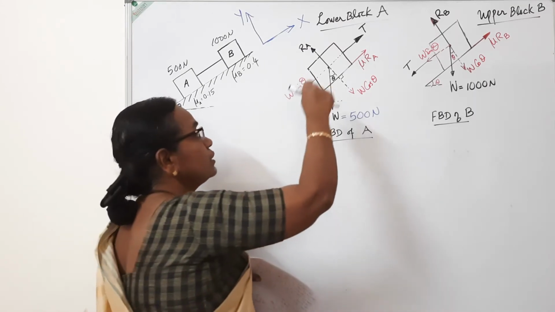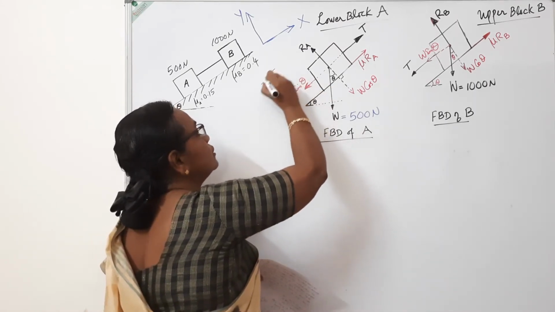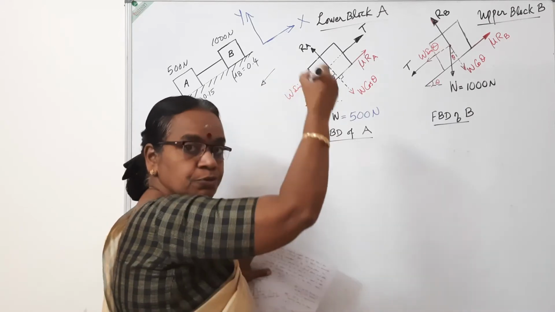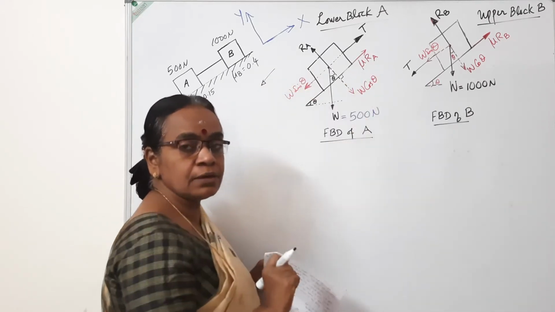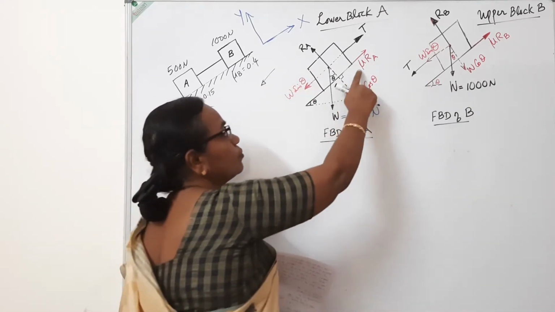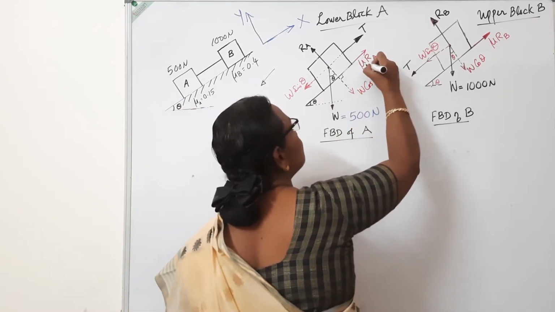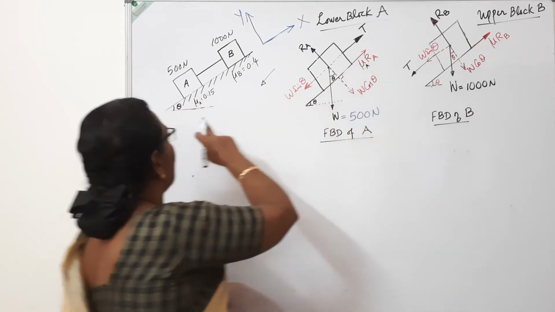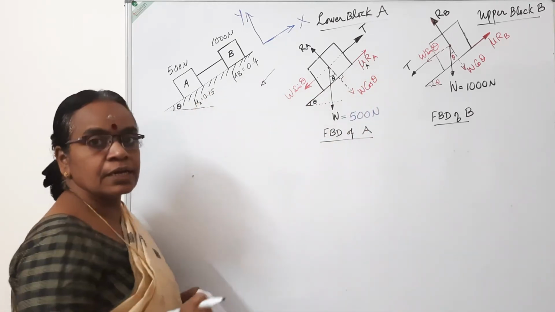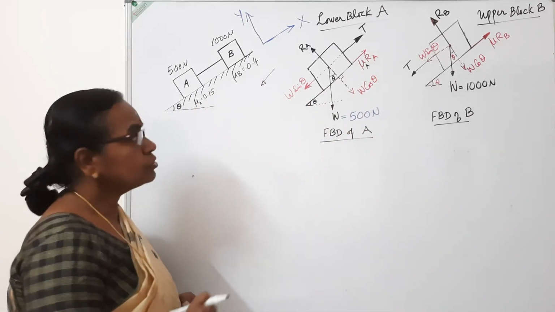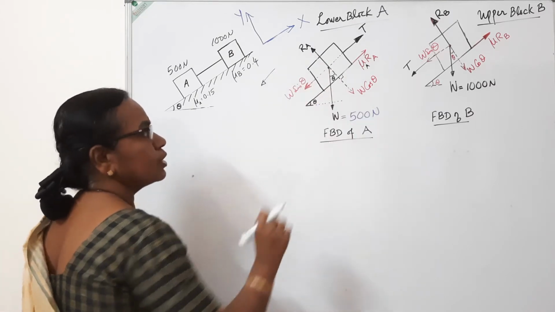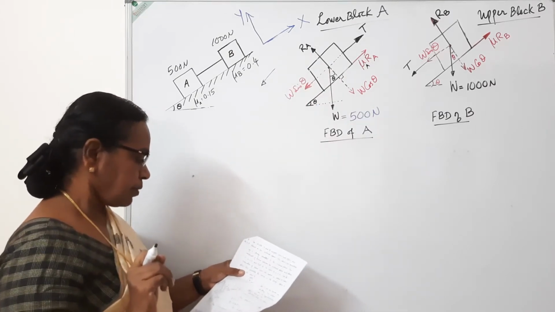When the body is moving down, this is the direction of motion. If it moves down, the friction force will be acting opposite to that. So the frictional force is equal to mu times RA. Here I will mark it as mu A RA, because mu A has one value and the other one is different. So these are the forces acting on body A.